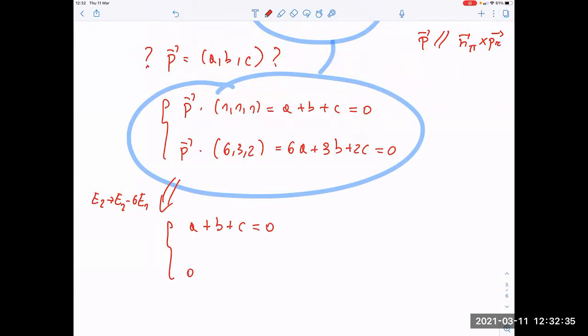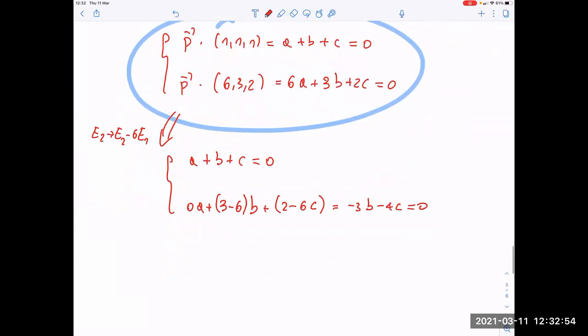So I get 0 times A, and then I get 3 minus 6B, and I get 2 minus 6C, which is minus 3B minus 4C equals 0. And so I need to solve the system given by these two equations now, okay?